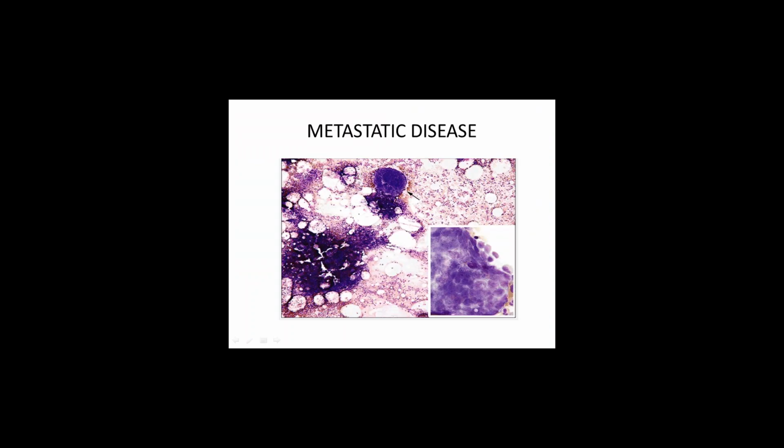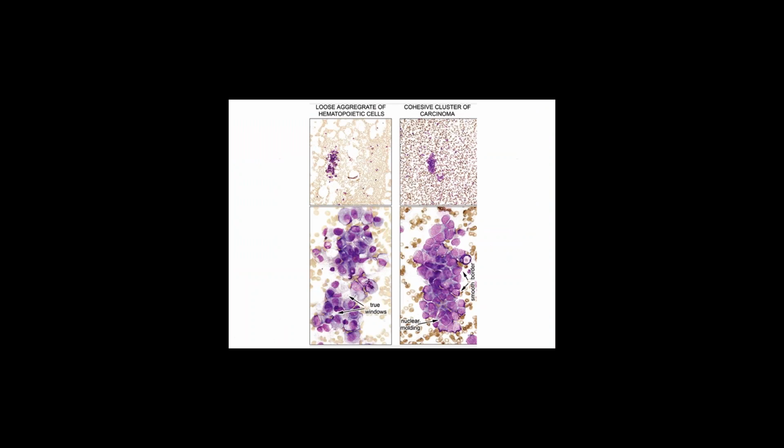Metastatic disease is something which we come across once in a while, and sometimes the marrow cells look like carcinoma cells when we are suspecting a metastasis. So there are some points from which we can differentiate. The carcinoma cells are generally found in cohesive clusters, whereas hematopoietic cells form a very loose cluster.